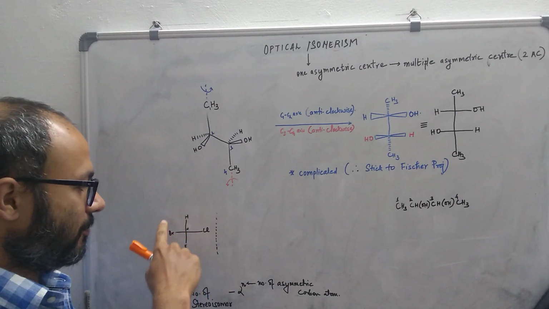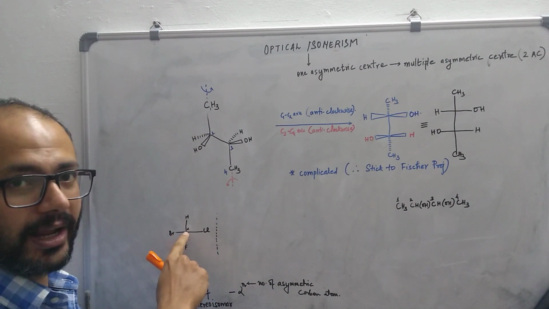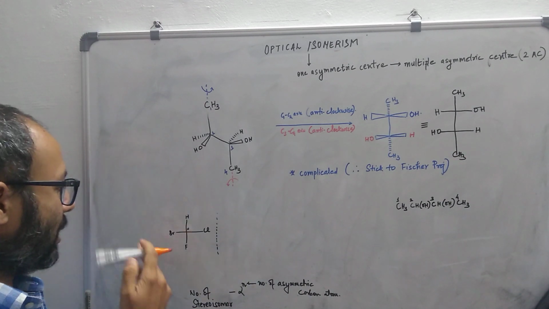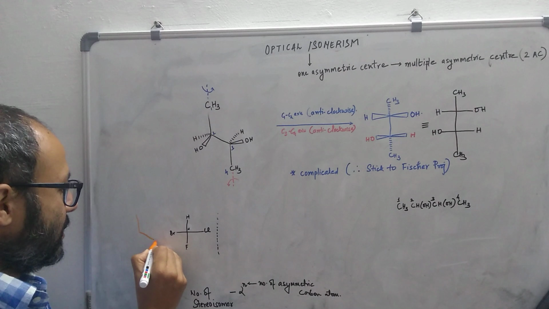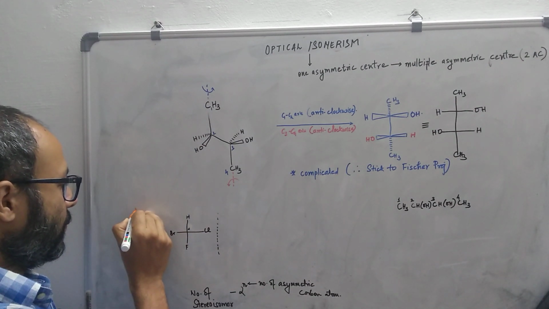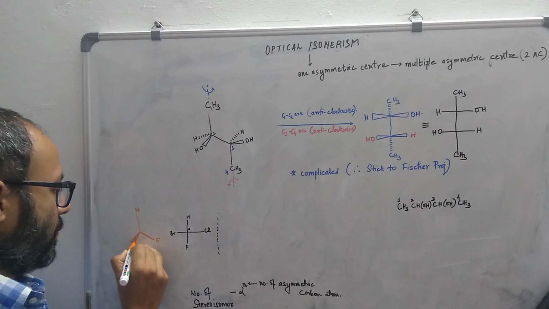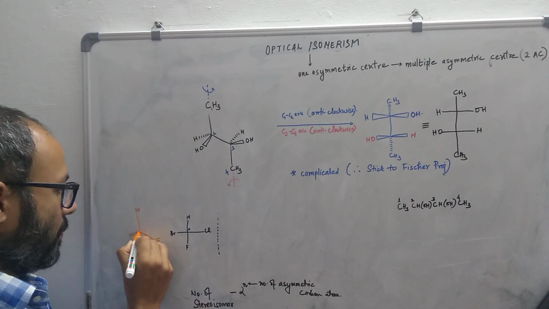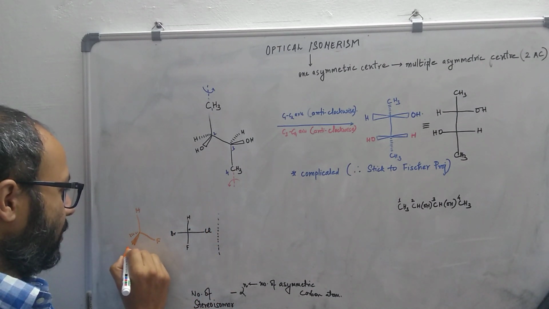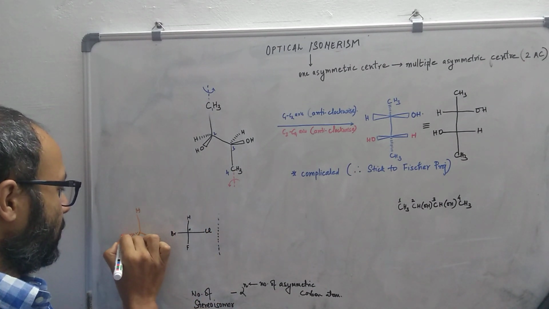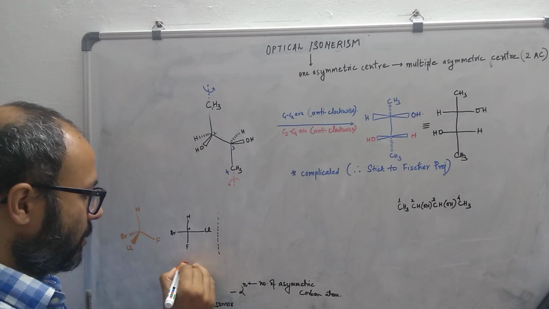So if I want to write it in terms of perspective formula, you can write something like this. Since I'm bringing it here, this will be coming here and this will be going here. Obviously, you have to first convert this into this particular formula.